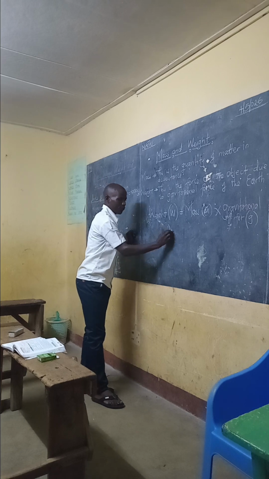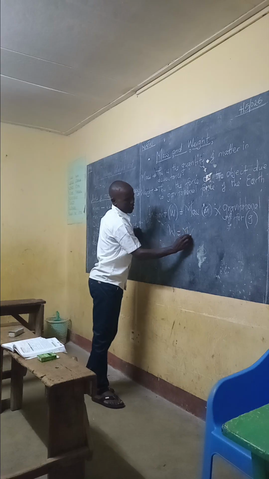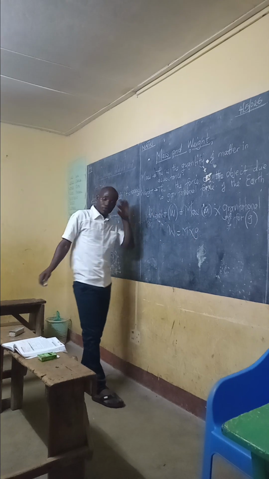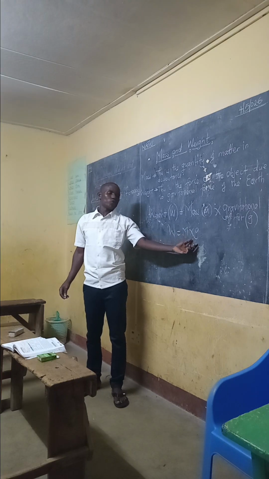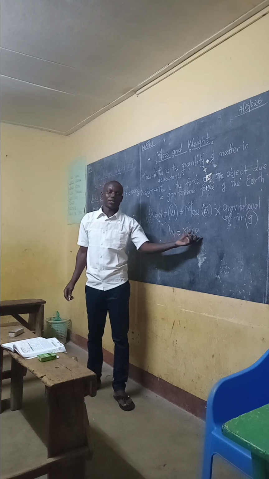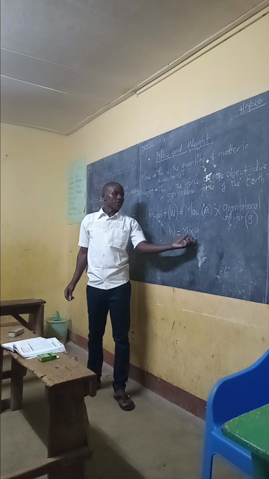Meaning we can have weight is equal to mass times gravity. So once we know this formula, we can make any variable the subject of the formula. If weight is equal to mass times gravity, then mass will be equal to weight divided by gravity.